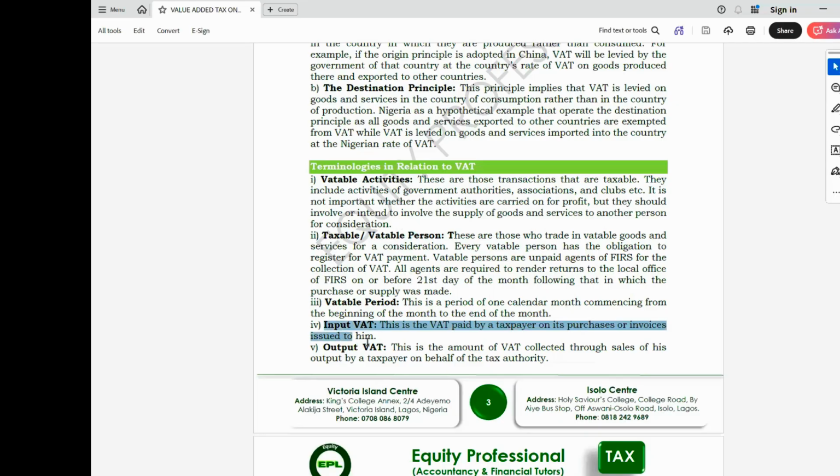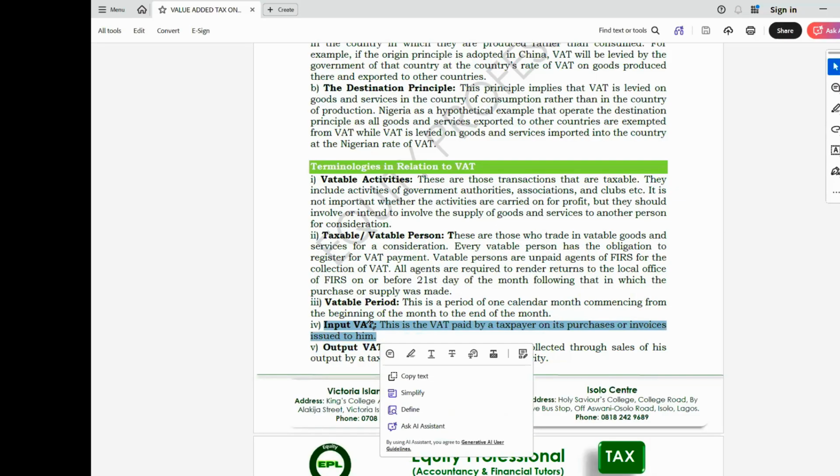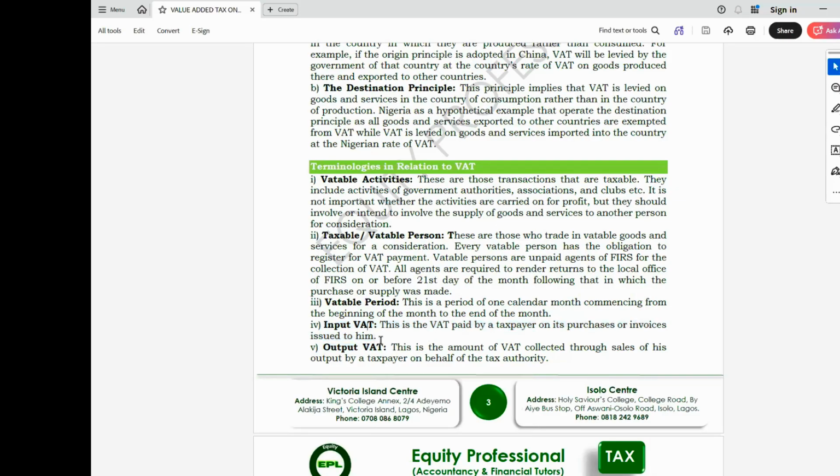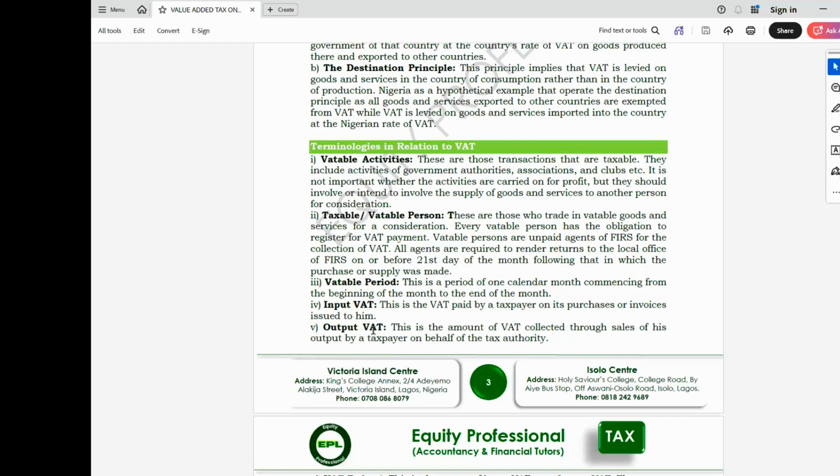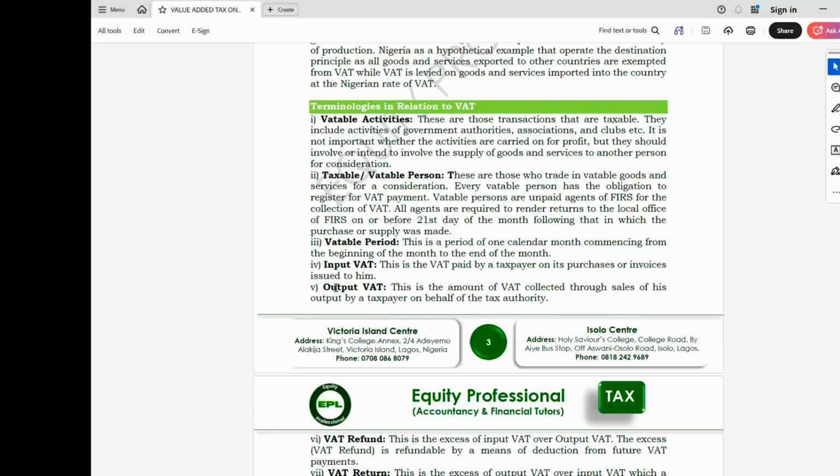So the value added tax that you suffered on any item you purchase from your vendor is what is called input VAT. So value added tax suffered on purchases is input VAT. Then we also have output VAT, which is the value added tax you collect from your sales.